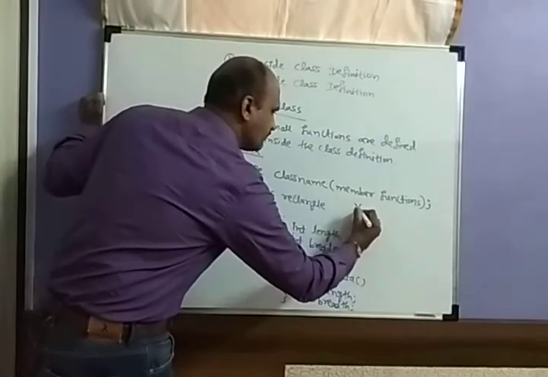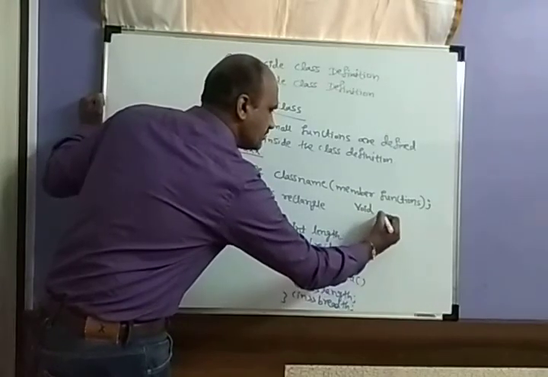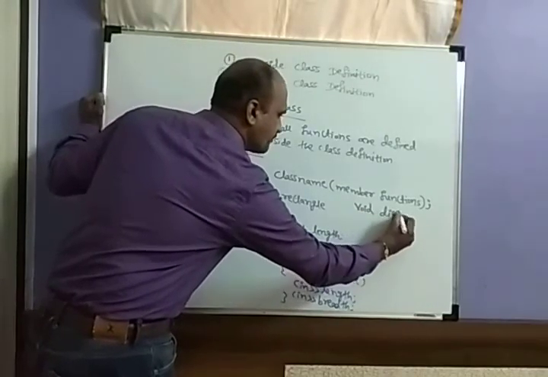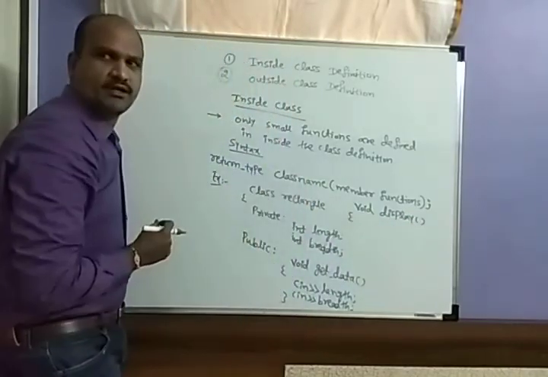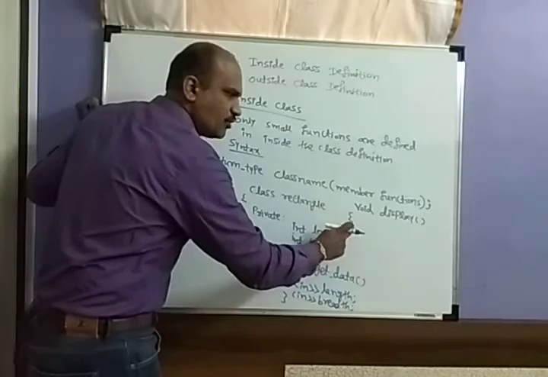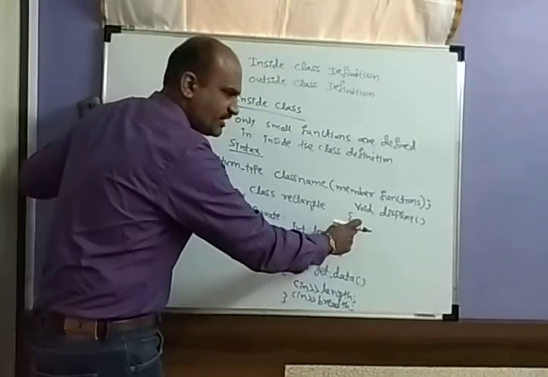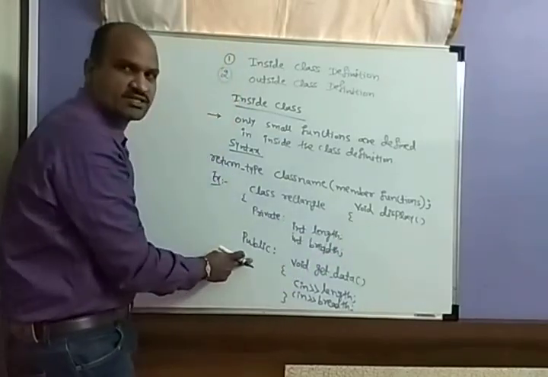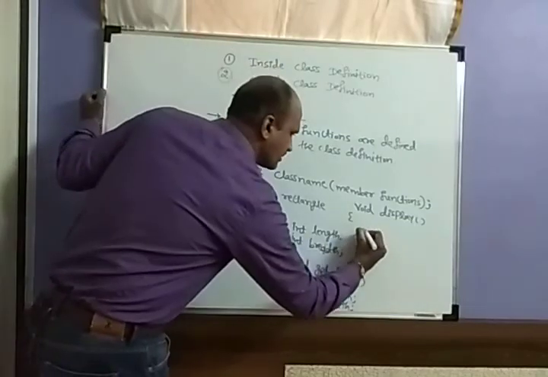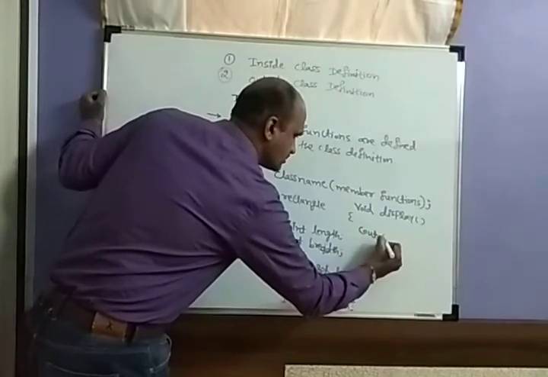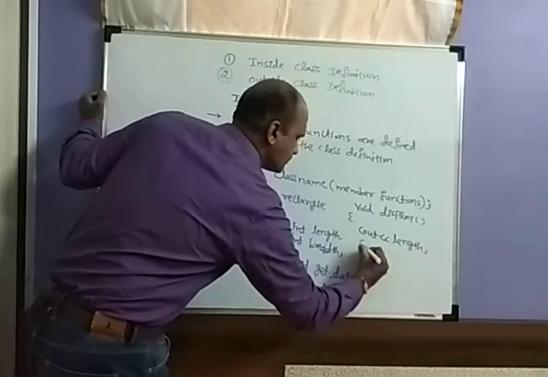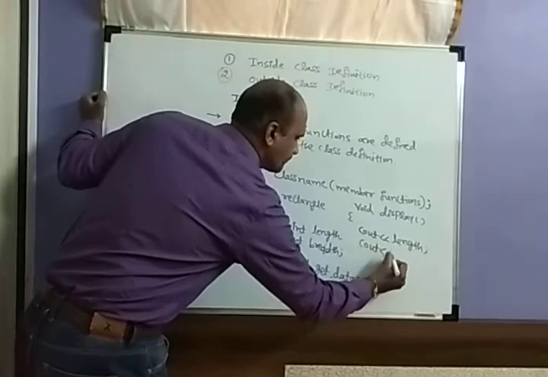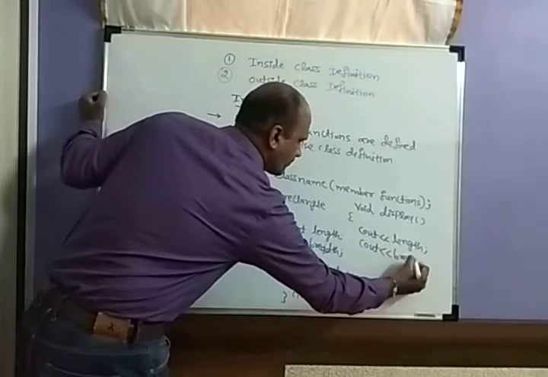I will write another function, that is void display. This is the second function in the public section. Here I will just print cout length, cout breadth.